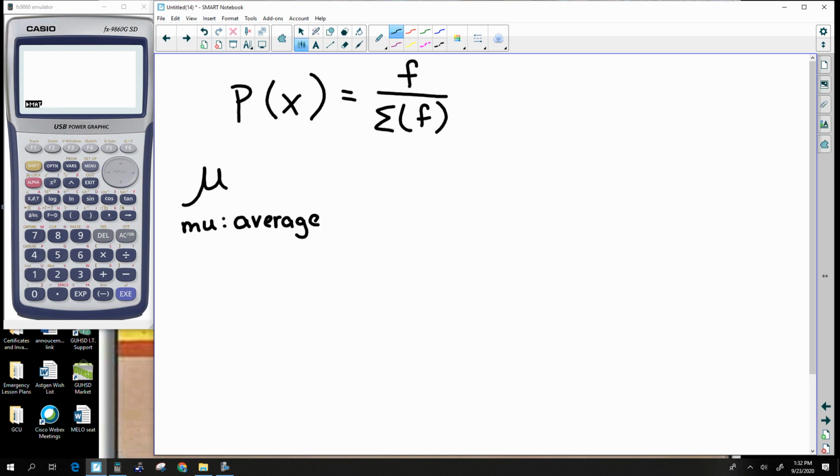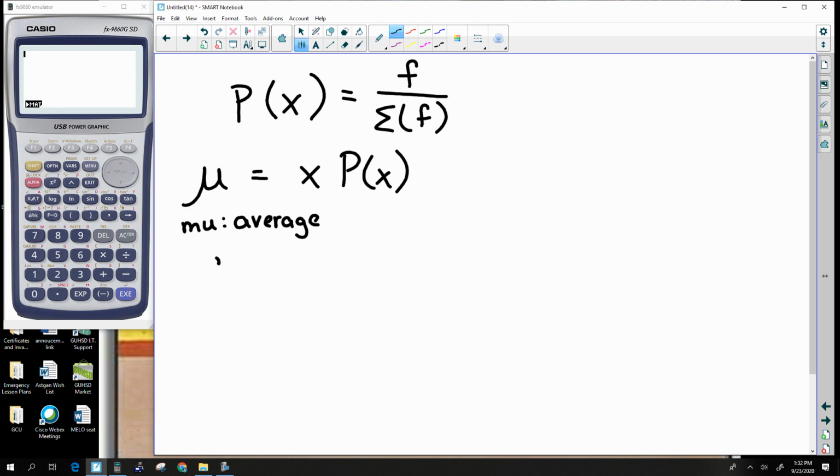That's what a mu is. It's the average. And this comes with a formula of the sum of X times P of X.